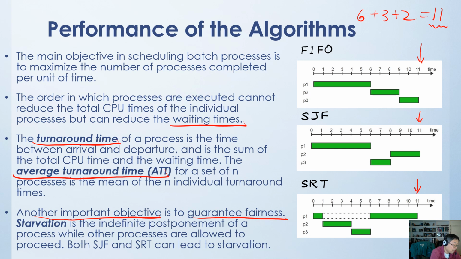That's called starvation. Starvation is the indefinite postponement of a process while other processes are allowed to proceed. So both SJF and SRT can lead to starvation. There's a possibility for this.